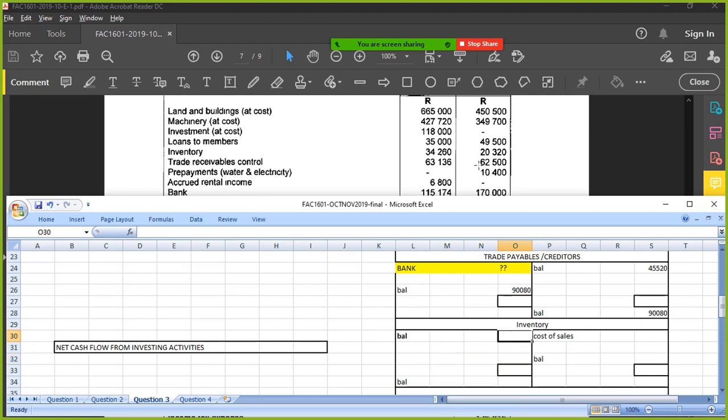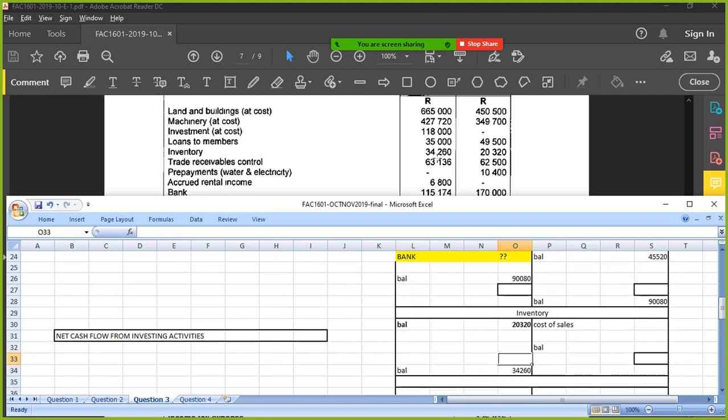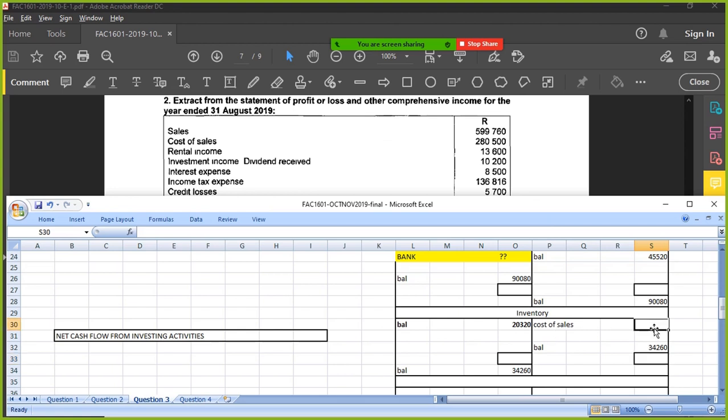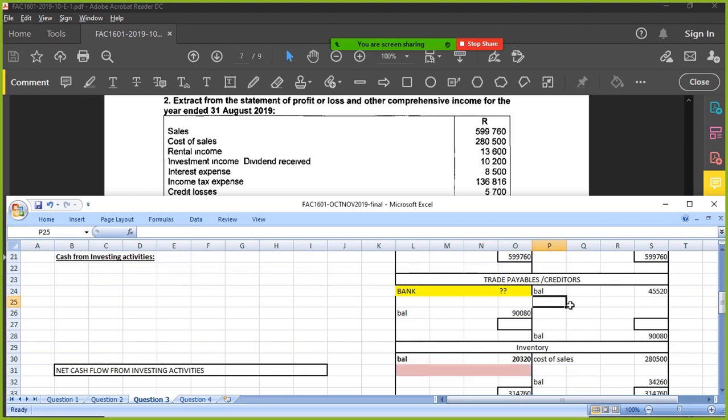Recreate the account. Inventory 20,320, 34,260. My cost of sales was 208,280,500. Double check. 280,500, yes. Then I'm going to sum up. And this will obviously be my balancing figure that I would have purchased.